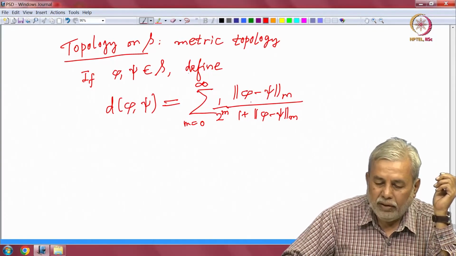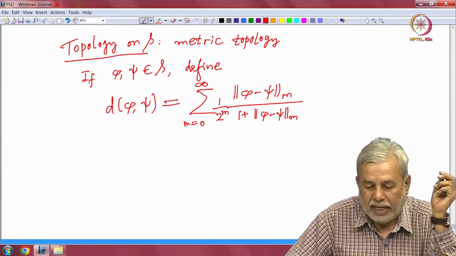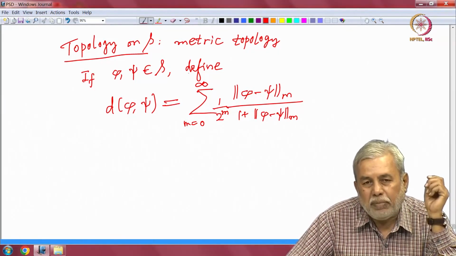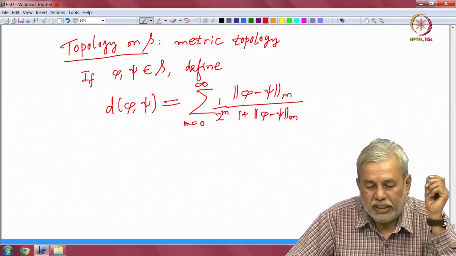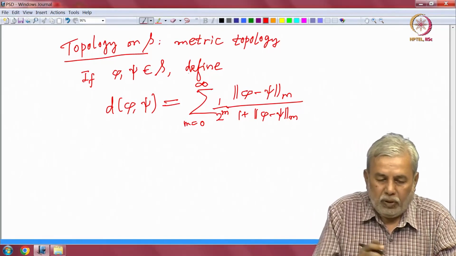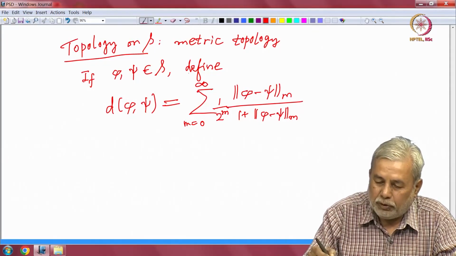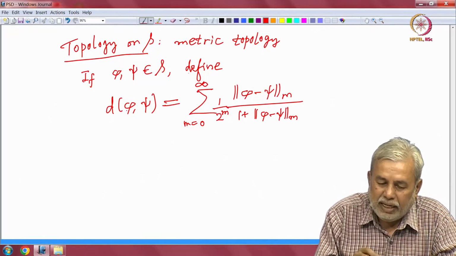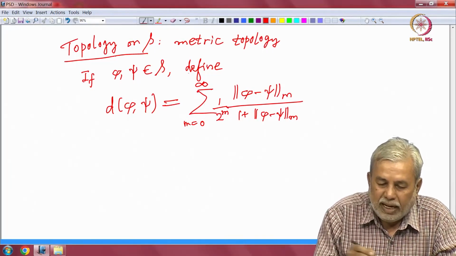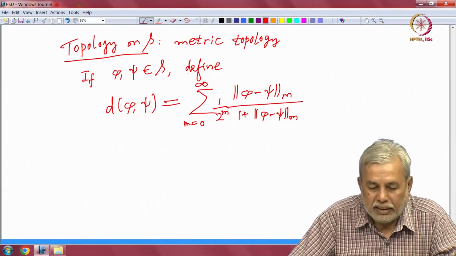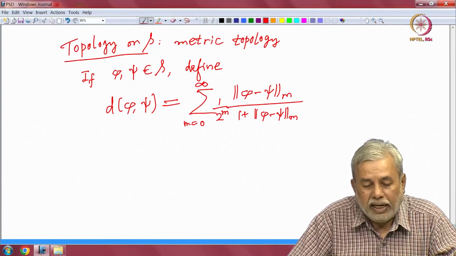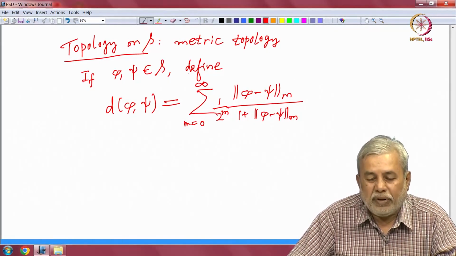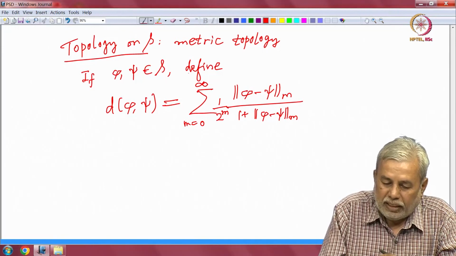In that way it is possible that we get many different metrics, but all these metrics give rise to the same topology. So even if you change the norms, and that changes the metric, finally the topology on S remains the same, and importantly that is what we are interested in, convergence of sequences. Okay. So, that is important.